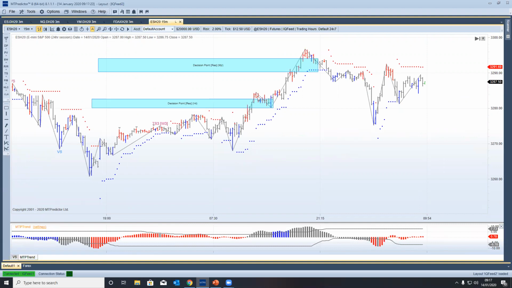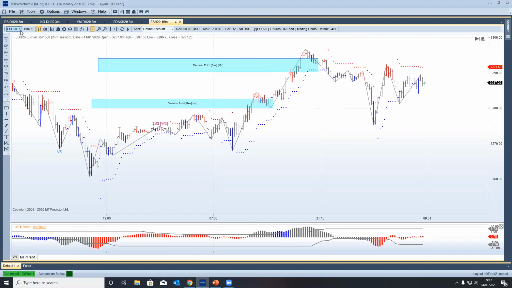So here the market went through this DP, went into the next DP, and then went slightly beyond it. Here the market was not in a clear position. And this is what we're looking for: whether the market makes a reversal at our DP. If it goes beyond it and mucks around, then we deem that the market is not clear, and we should not be making a trading decision on that.